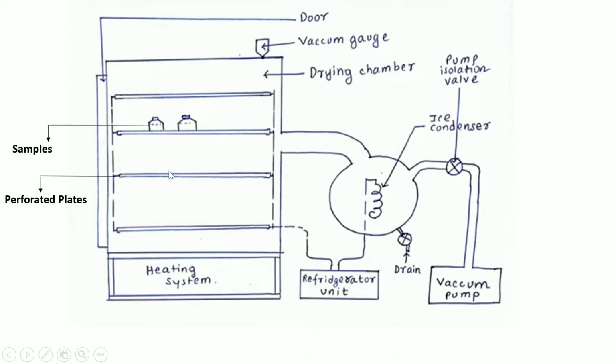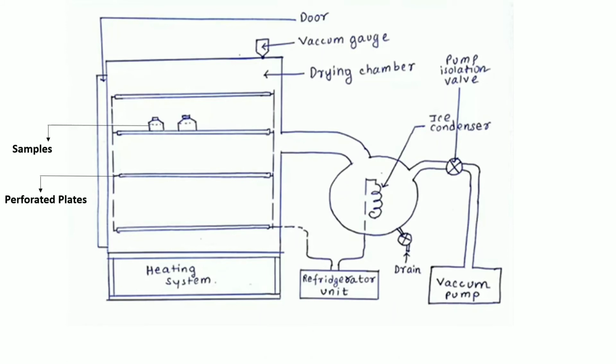Why is it so? Because we want to make sure that whatever heat the heating system is going to provide and whatever coldness the refrigerator unit is going to provide, that particular heat and cold waves should reach the upper plates. So if the perforations are there, it will be easier to reach this particular heat as well as the cold waves to the topmost perforated plate.